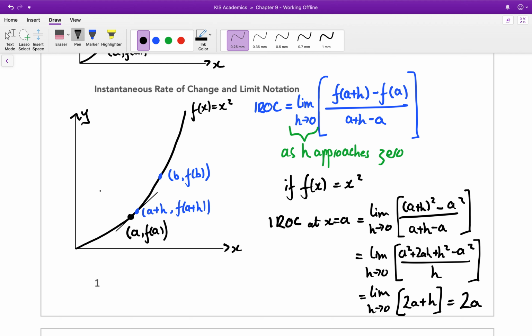In other words, the gradient at x equals a is 2a. So no matter what value a is along the graph, we just substitute that x value into here, and that's going to give us the value of the gradient of our graph.